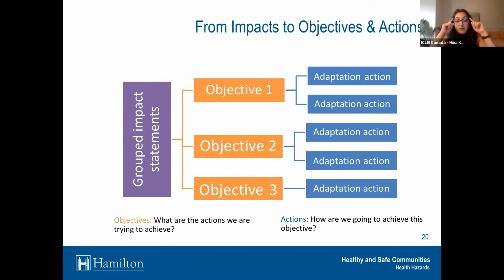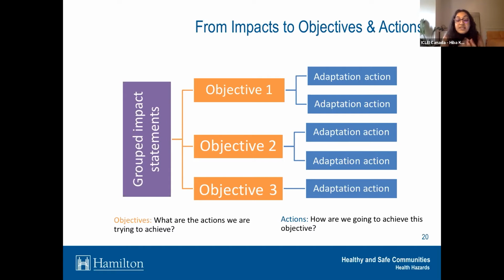So we think about our future desired state, thinking ahead five years into the future, the plan successful: what is an objective or a goal that makes that plan successful? And then we work backwards: if we've established these goals and objectives, what are the actions we can take to achieve those and get there?